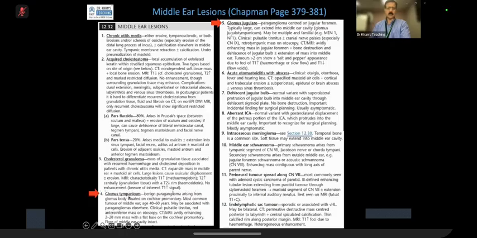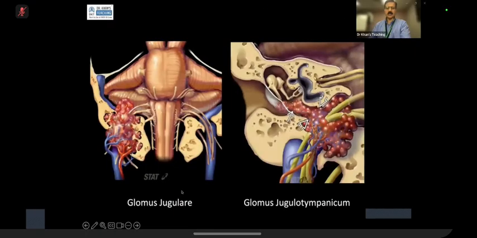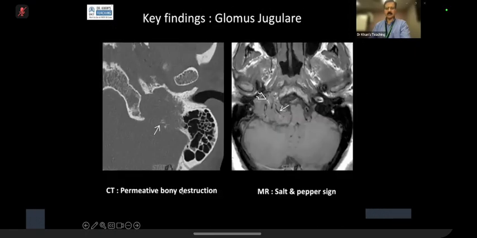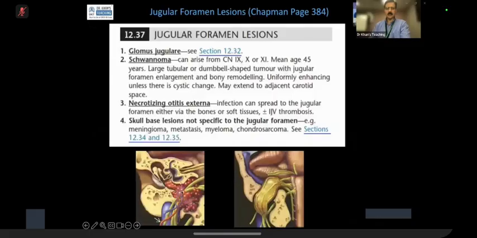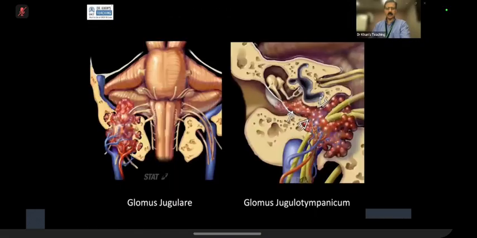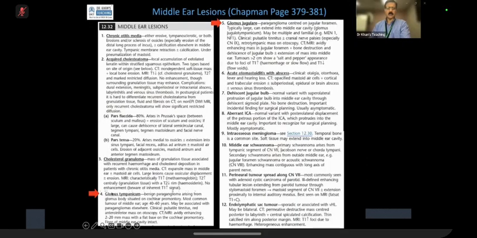So glomus tympanicum can be sitting inside the middle ear. It arises from the middle ear over the cochlear promontory. Glomus jugulare: when the tumor is sitting on the jugular foramen, we call it glomus jugulare.